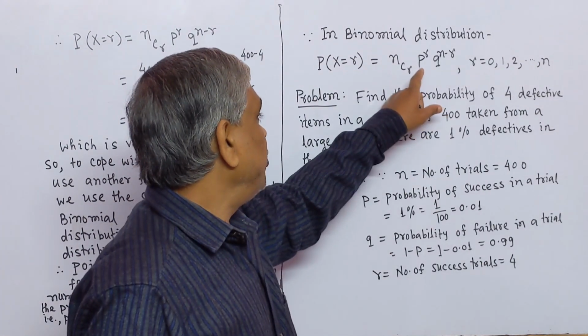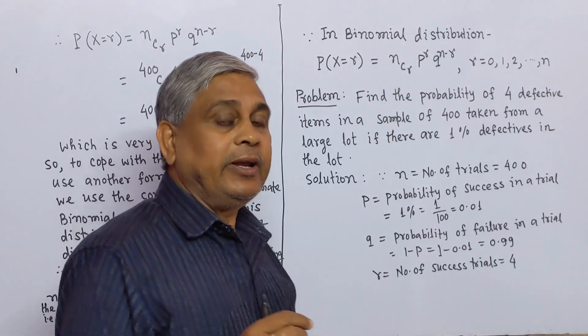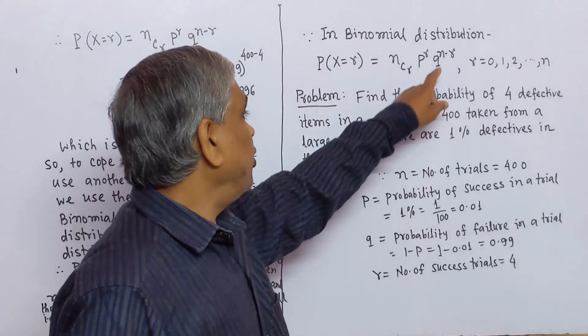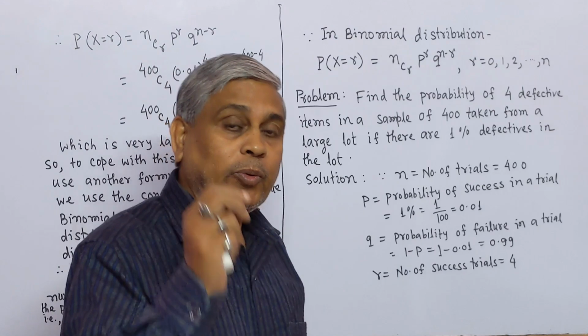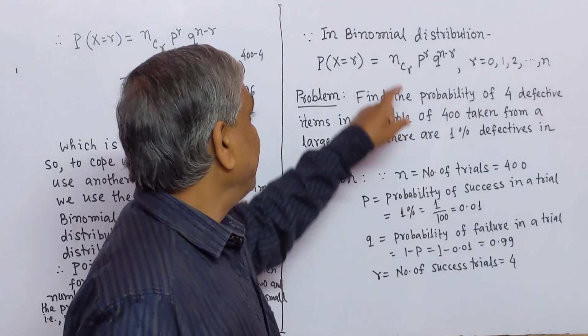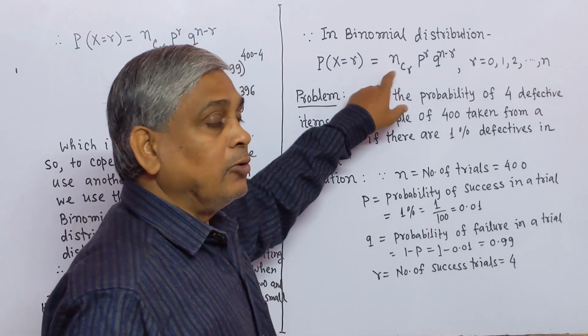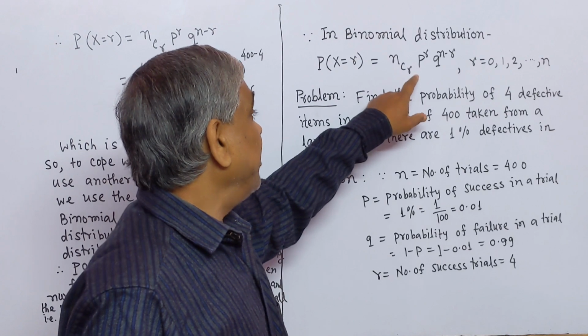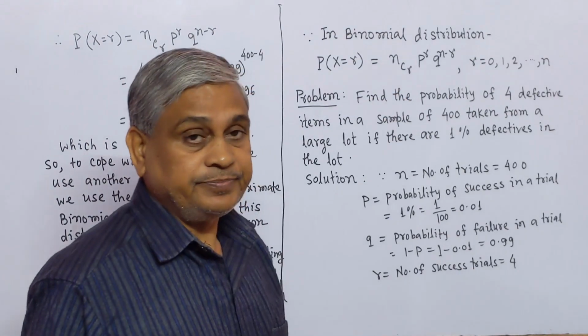Here, small p is the probability of success in a trial, small q is the probability of failure in a trial, n is the total number of trials, and r is the number of successful trials.